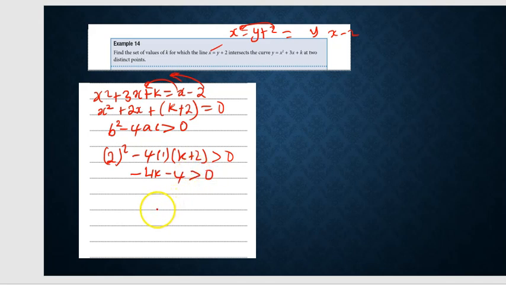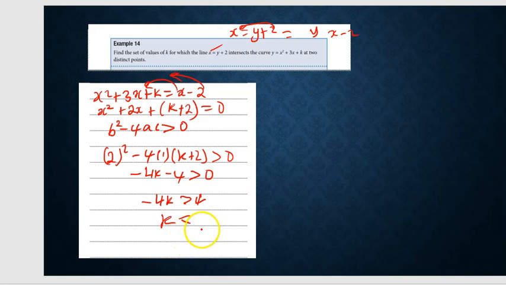So minus 4k is simply greater than 4. So k, if we divide both sides by negative 4, k becomes less, because when you divide by a negative sign, the sign of the inequality changes.